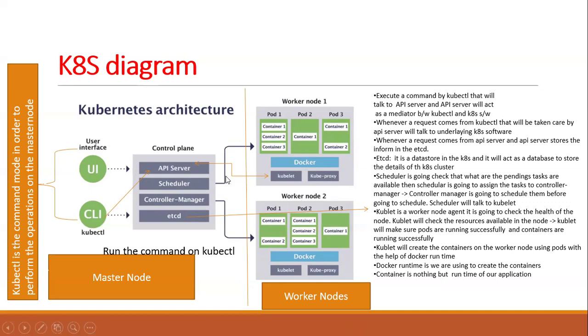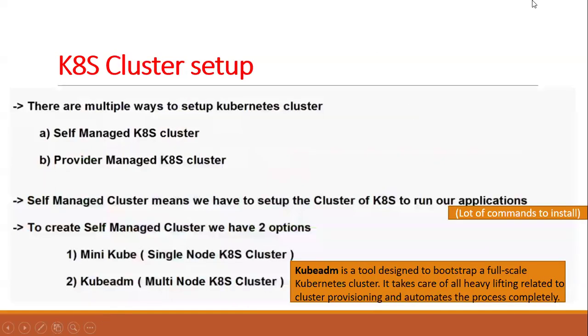So how can you communicate between the master node and worker node? It communicates through the Kubernetes proxy, kube proxy. Okay, guys, understood? Very good.